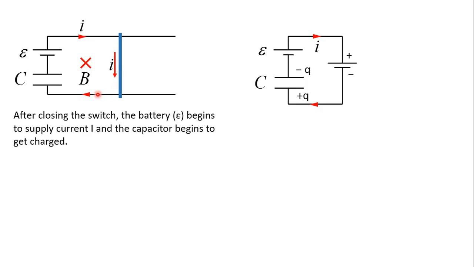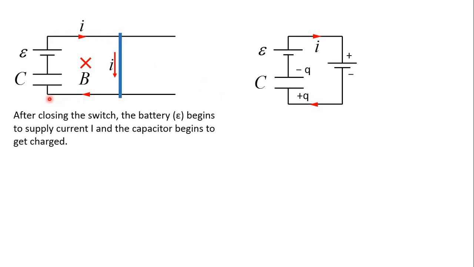So the current begins to flow clockwise, and you know that current cannot flow between the plates of a capacitor. So this current is delivering charge through the rod into the lower plate of the capacitor. So the lower plate of the capacitor will get positive charge plus Q, because current is the flow of positive charges.